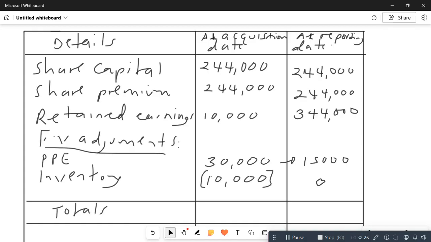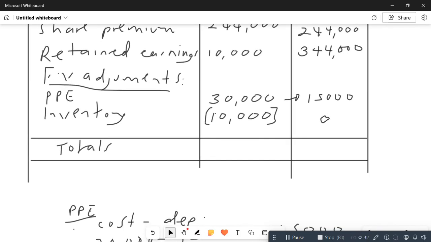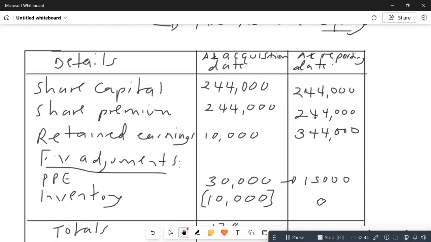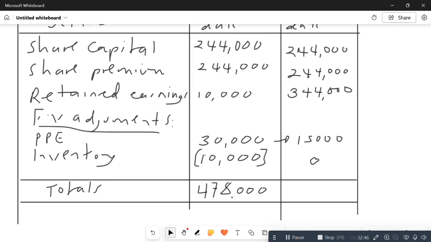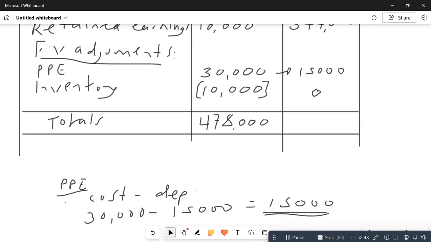When you add for me there, 244, 10,000, 30,000 minus that, when you add there, you can get 478 million. But we are cutting zeros, that's why. Then if you are to add this one at acquisition, 244, 244, 344, 15, then there we shall come up with 807,000.